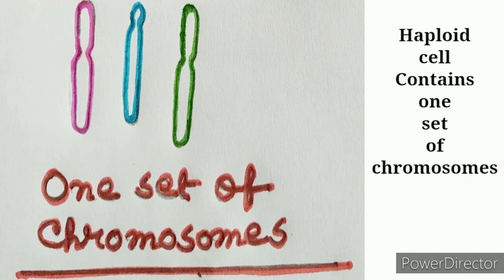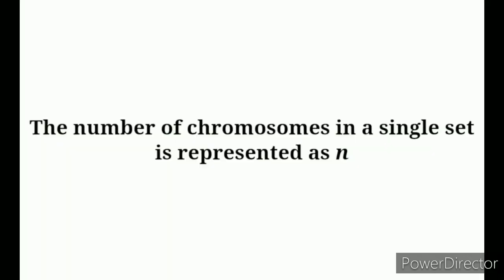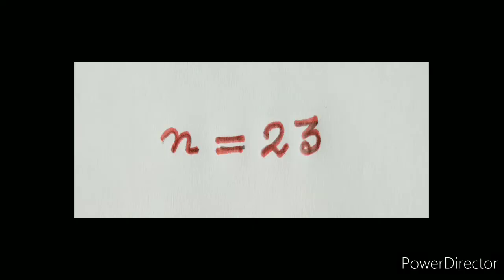The chromosomes do not remain in pairs in case of a haploid cell. The number of chromosomes in a single set is represented as n. n is also called the haploid number. For us, for the human beings, n is equal to 23.